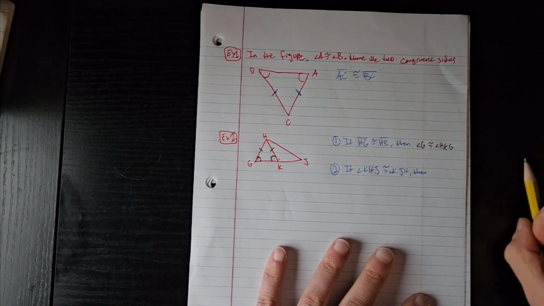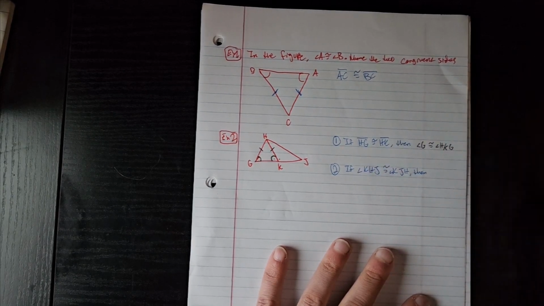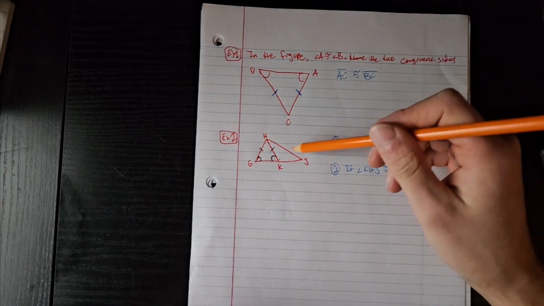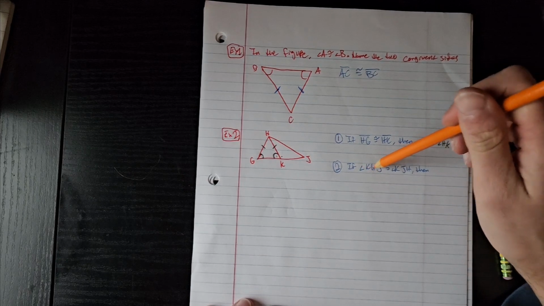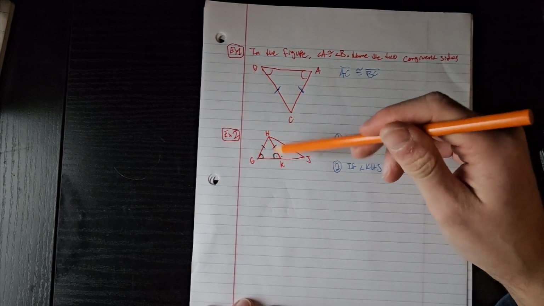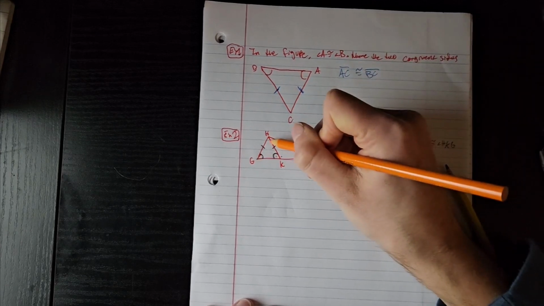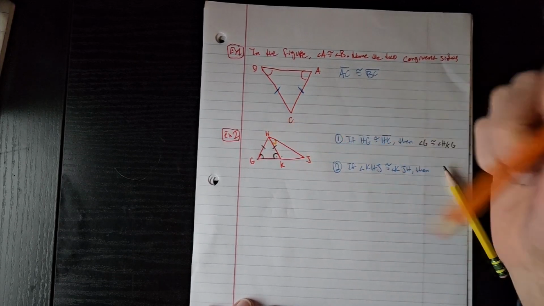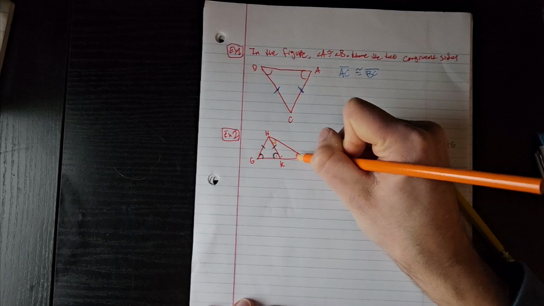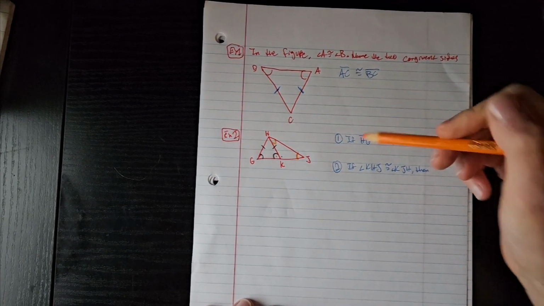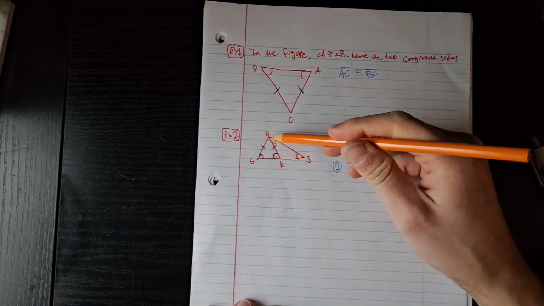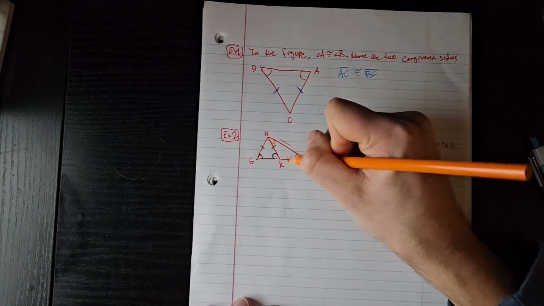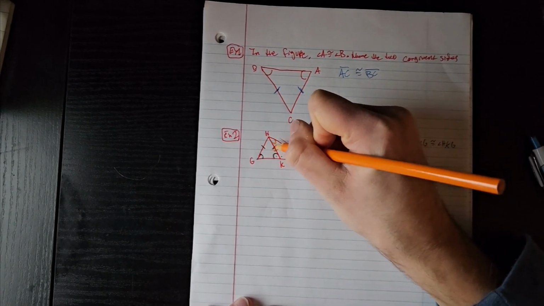All right, next one. I'm going to use orange. I have angle KHJ, this one, is congruent to angle KJH, so congruent to this. Then that would mean my 2 legs would be congruent. So this is my base right here, and my legs, this one and this one, are congruent to each other.